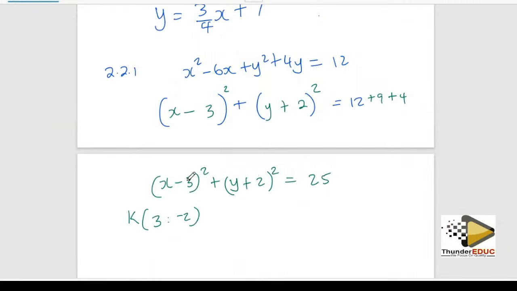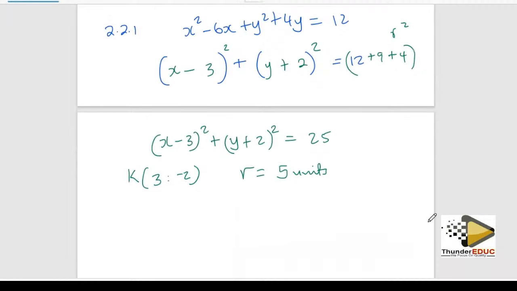I need to switch the signs inside the brackets. And then my radius will be the square root of this 25, which is 5 units. So guys, that is that, because this whole thing represents the r squared. So square root will be 5 units. So 2.2.1 has been answered.